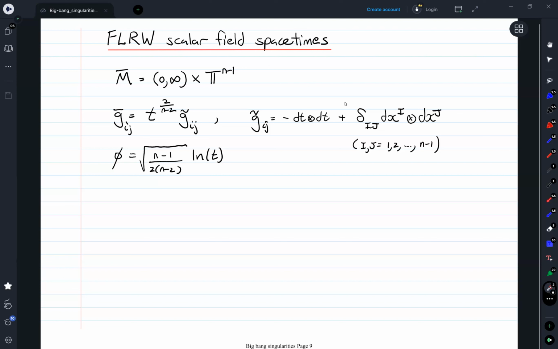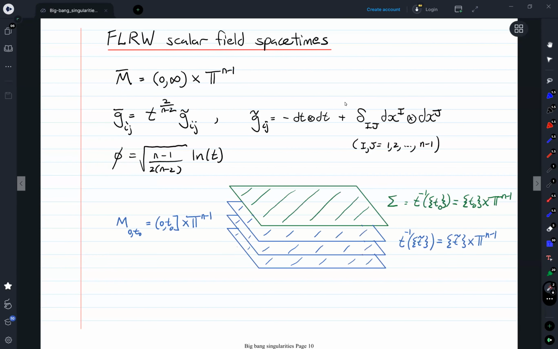So setting t equal to 0 is a problem. t greater than 0 is okay, but t equals 0 is a problem. It gets even more acute in the scalar field equation: as t goes to 0, this is going to blow up to minus infinity. So this solution is not well defined at t equals 0, and something interesting is happening at t equals 0 in our equations.